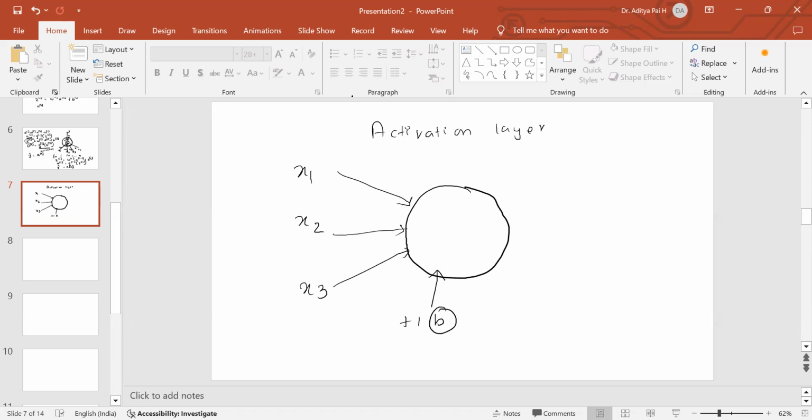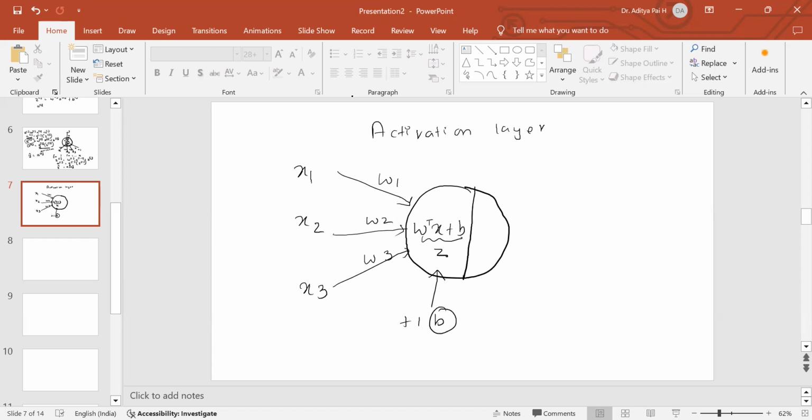Along with that we'll be applying the weights, W1, W2, and W3, the different weights applied to this. So what we get is W transpose of X plus B, which is my Z.